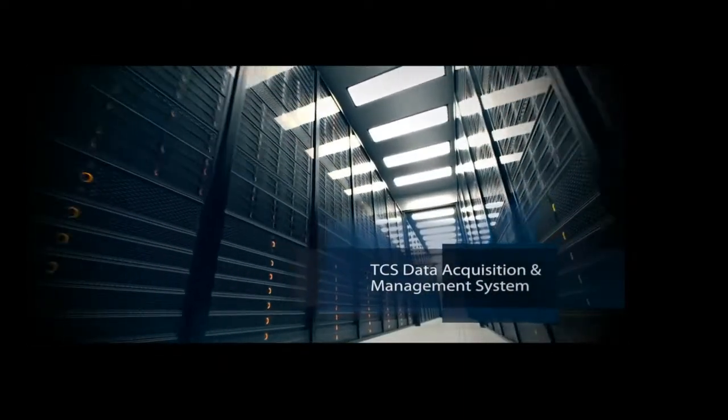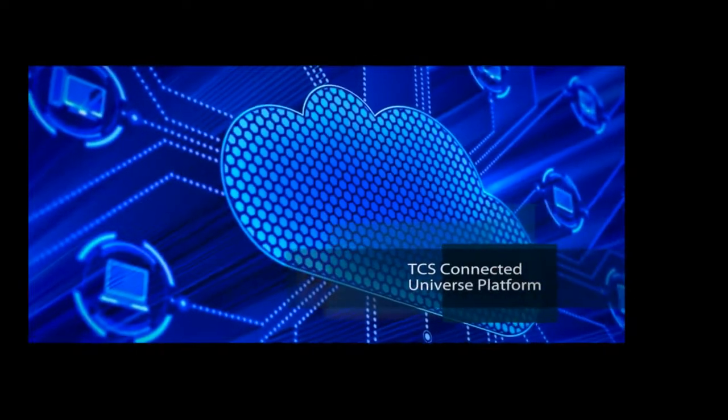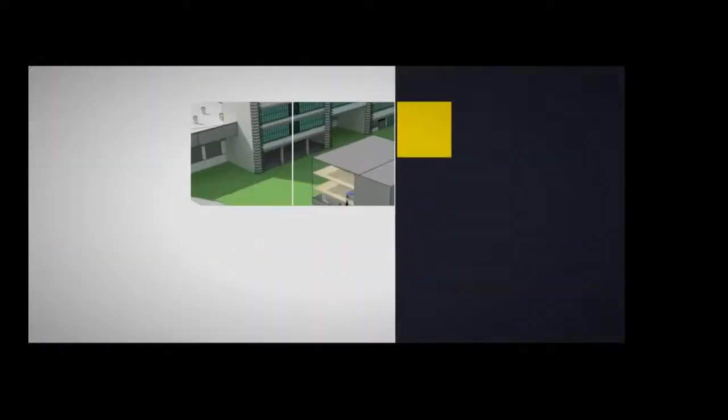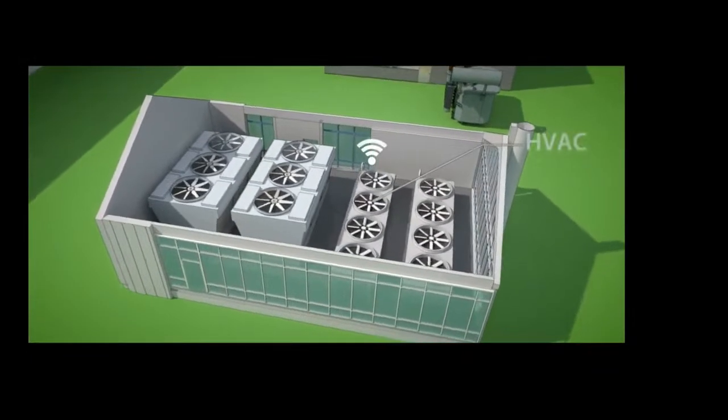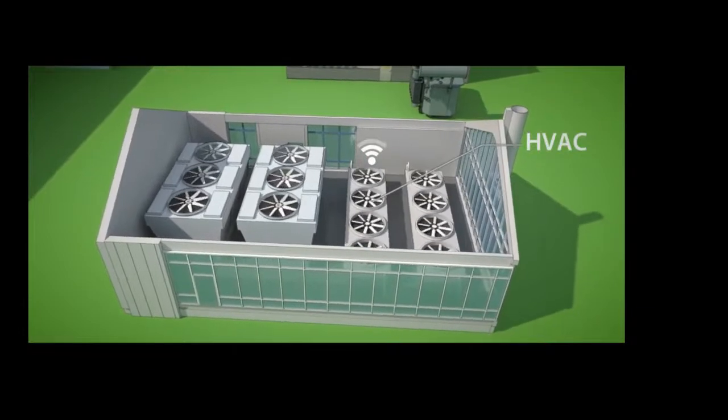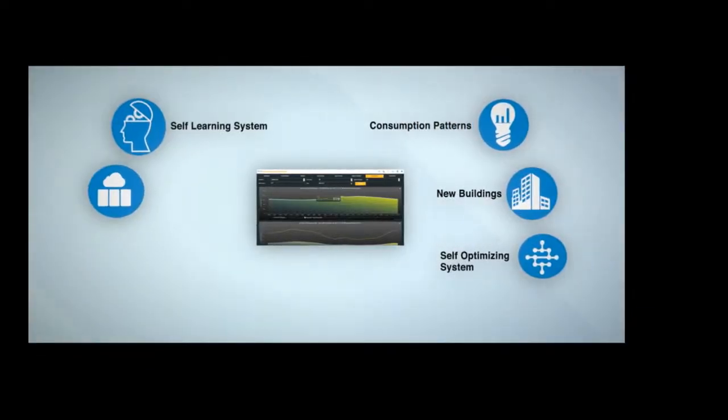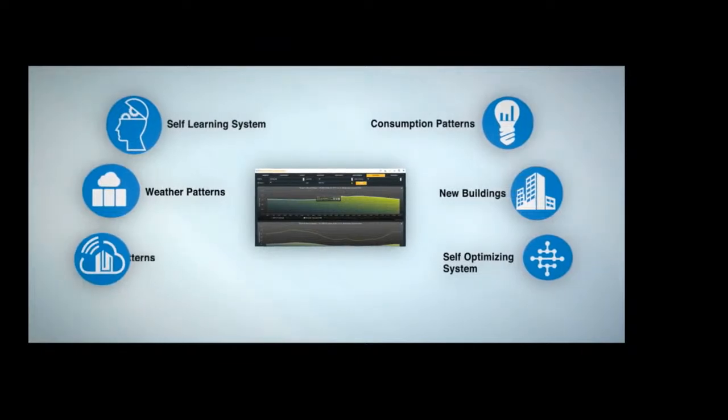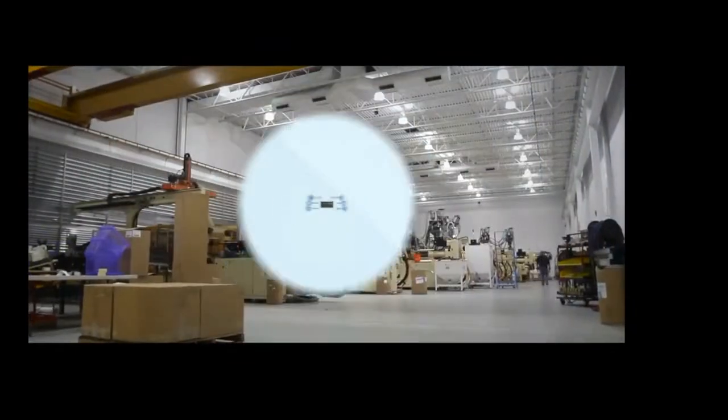Leveraging the concept of cognitive modeling and IoT, Tata Consultancy Services has designed the TCS Smart Energy Solution that gives you an enterprise-wide consolidated view into your energy consumption and enables you to take informed decisions on new consumption patterns, outages, and new weather and occupancy patterns without human intervention.